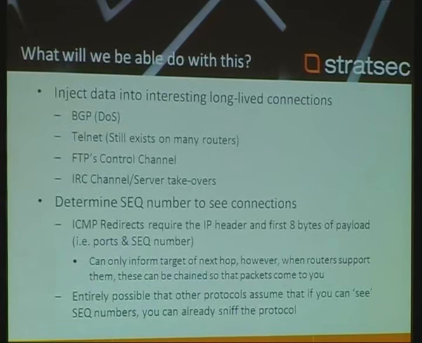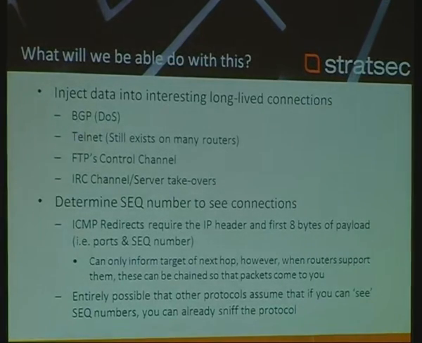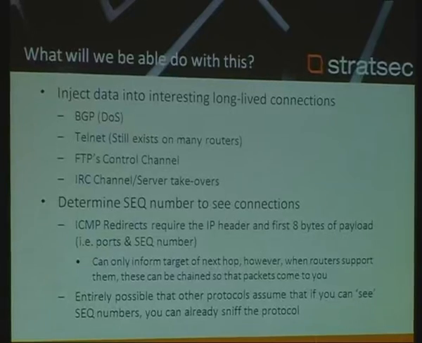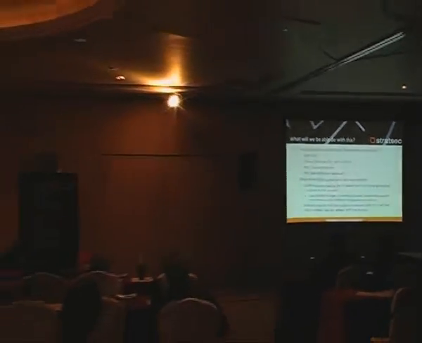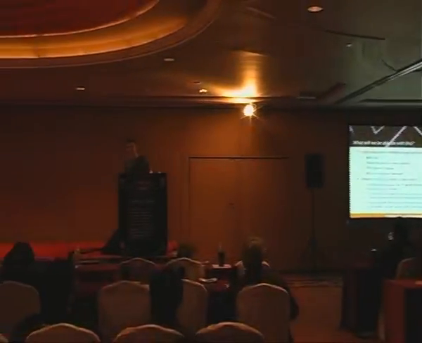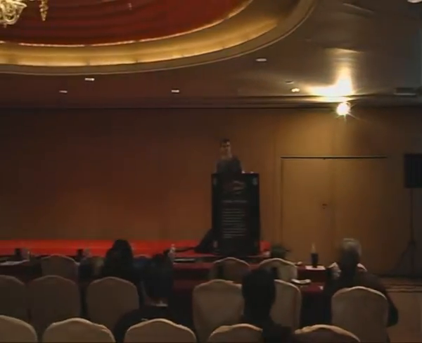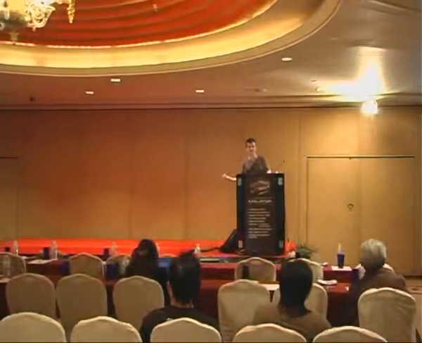So the interesting thing is what we'll be able to do once this is actually done. What kind of long-lived connections do we see out on the internet? BGP is probably the most obvious one. However, we already have tools and techniques to denial-of-service TCP connections, so that's not so much of an issue. But there are still lots of telnet interfaces on routers, so we could potentially figure out where an admin is connecting to and inject data into a telnet connection.